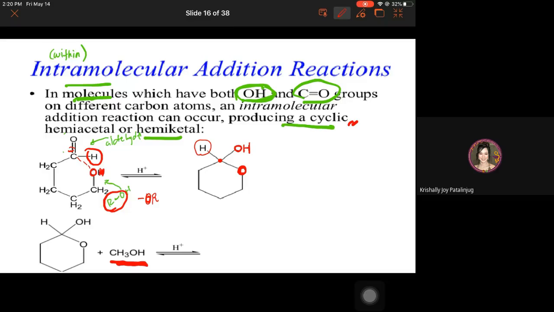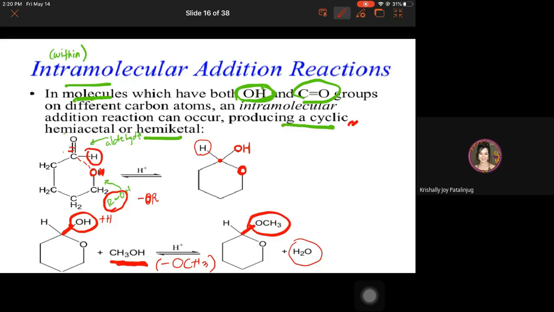Here, you add excess methanol, so the alkoxy we produce is methoxy. From the hemiacetal, the OH group is protonated and removed from the system in the form of water. What replaces it at this bond? The OR group from the excess alcohol added.